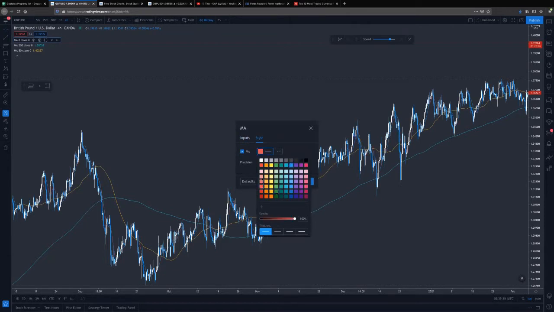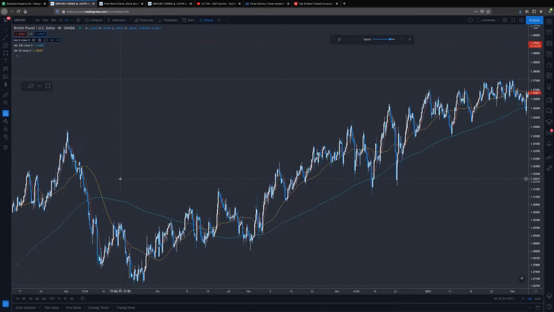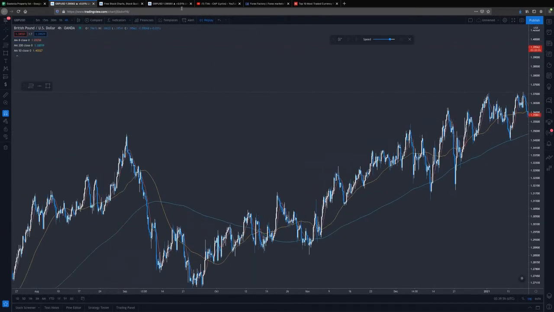Let's see. All right, cool. I'm just going to pick something random. This works. So the three moving averages that I use are indicators.